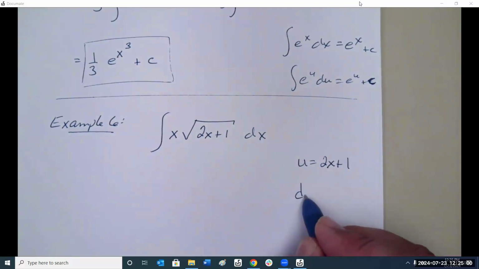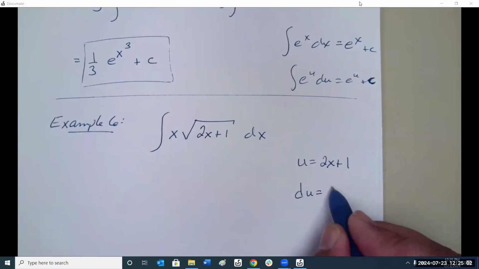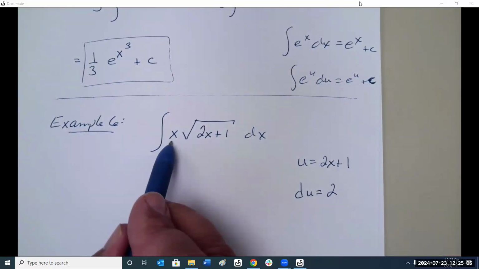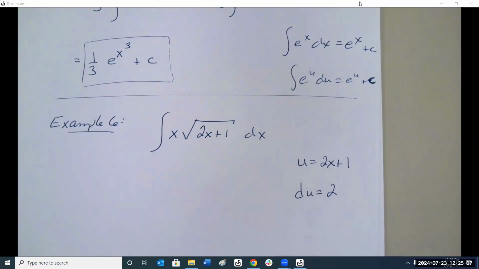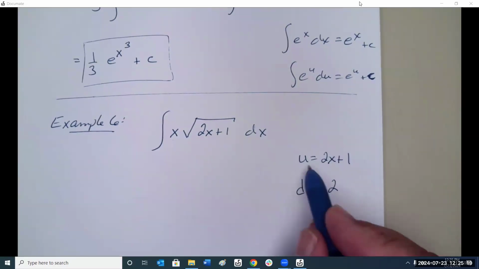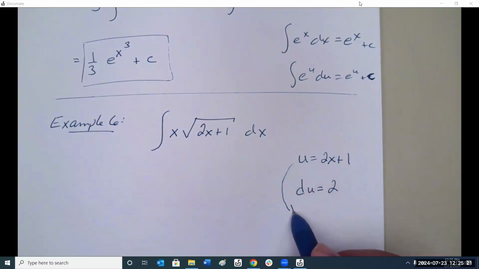What's the derivative of u? We have an x. So what are we going to do? What we have to do here is take this equation and solve it for x.